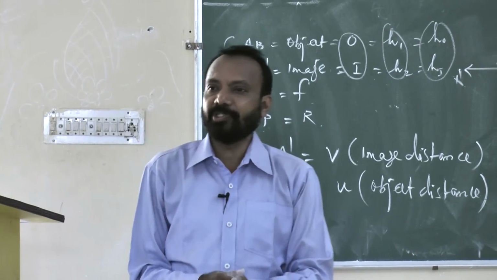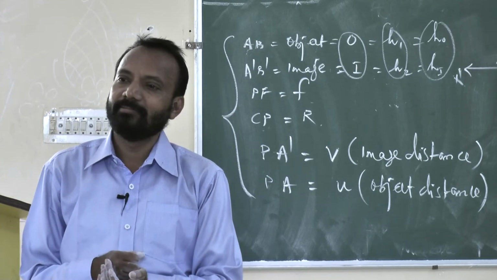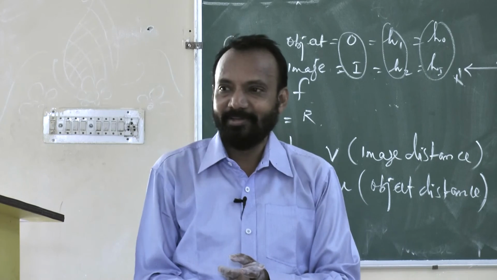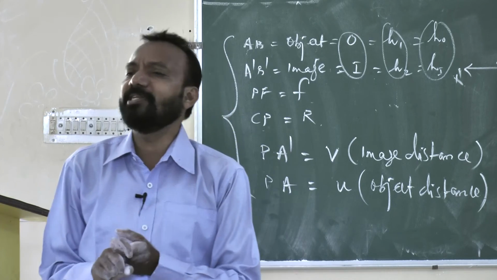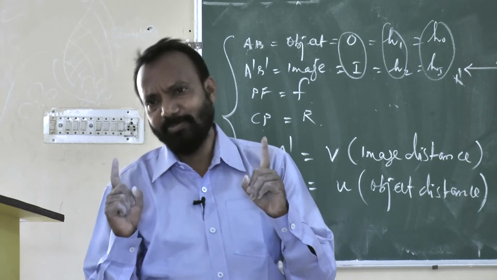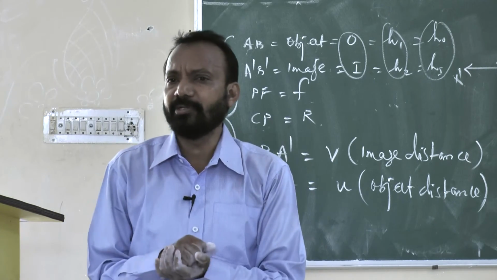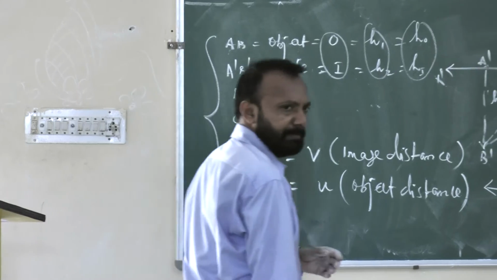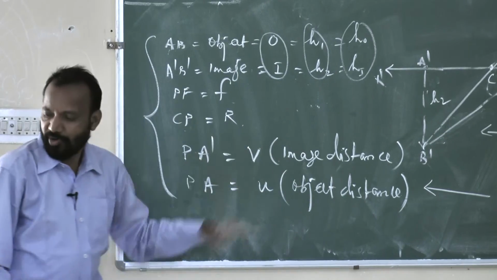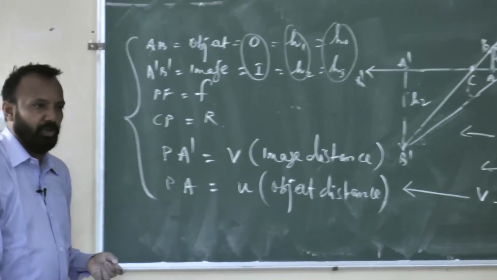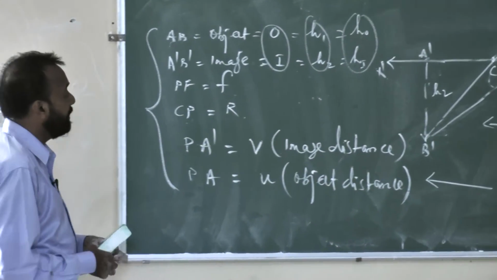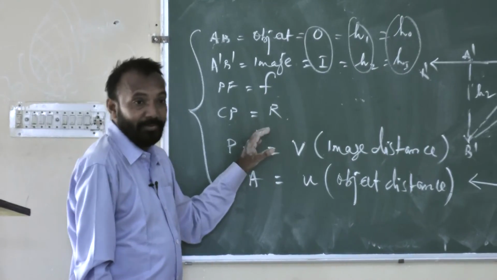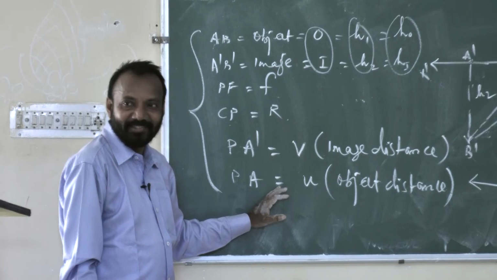Suppose in the examination I put a question like: construct a diagram for the formation of image if the object is in between the focus and the center of curvature. You have to write everything. So please don't make the mistake of forgetting to write all these things.